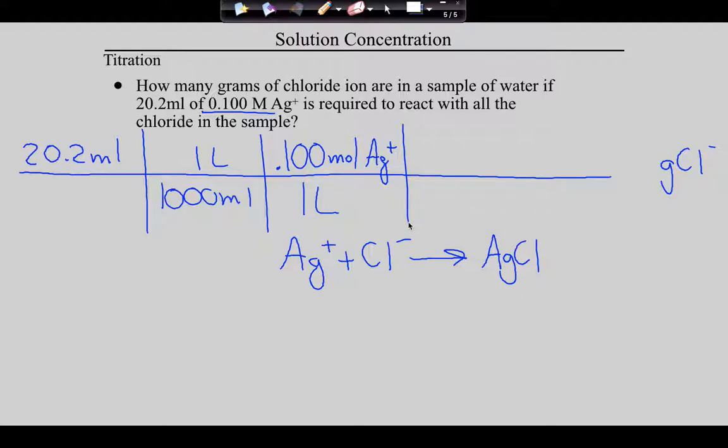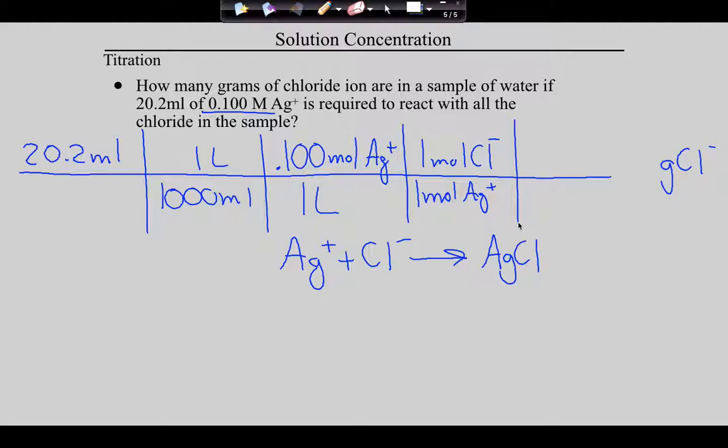But why do we care about how many moles of silver are in there? Because if we know the moles of silver, we know the moles of chloride. What's the relationship? 1 to 1. For every 1 mole of silver, there's 1 mole of chloride. That's from the balanced equation. So now we're in moles of chloride.